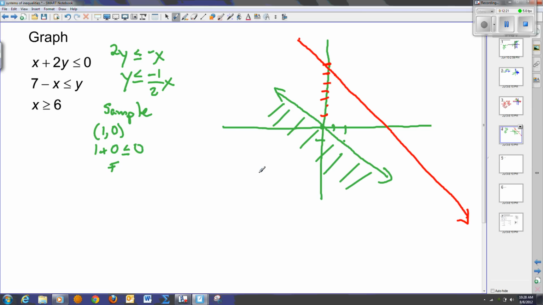Now again, I pick a sample point for the second equation, 0, 0. And I get 7 minus 0 is less than or equal to 0. We know that is false. So in this case, I shade away from 0, 0, which means I shade up.